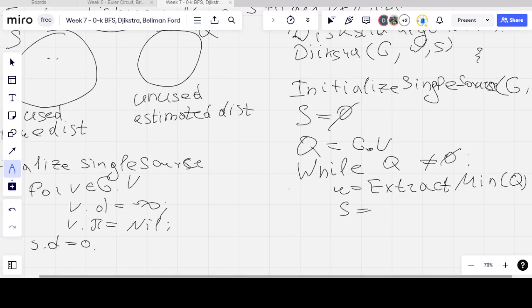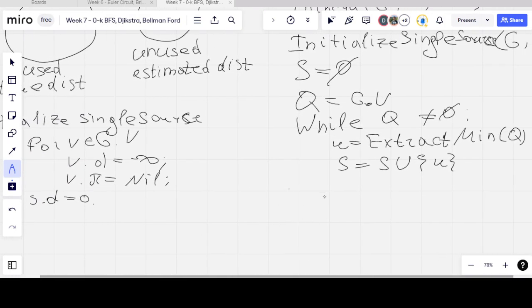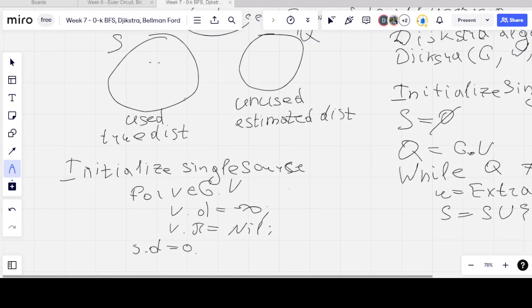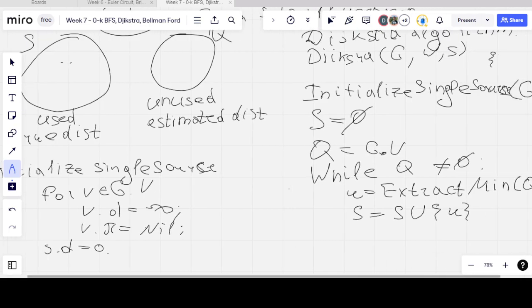And we add it to our set S, because the first vertex in Q extracted by minimum weight will have minimum distance, and we push it to the set where we know the true distance.